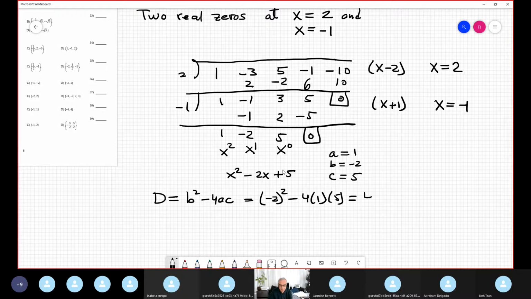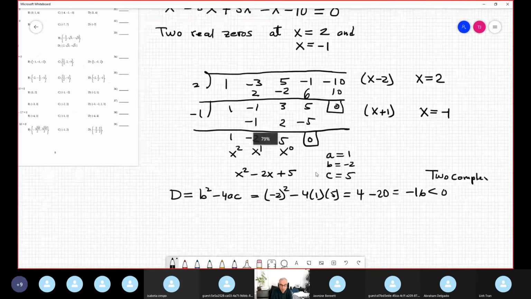This is positive 4, and this is 20, and this is negative 16. Curiosity, it's negative. That means two complex solutions.